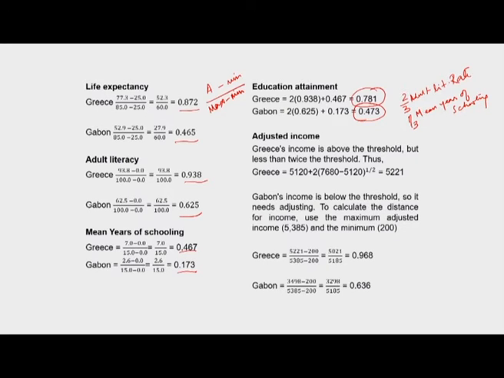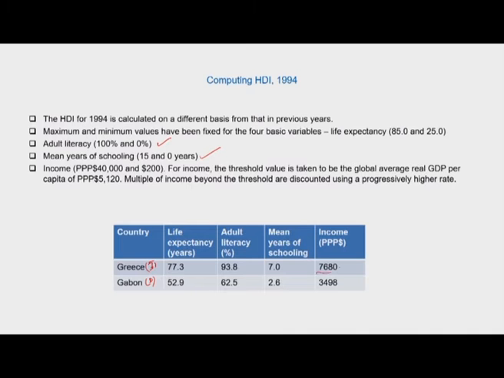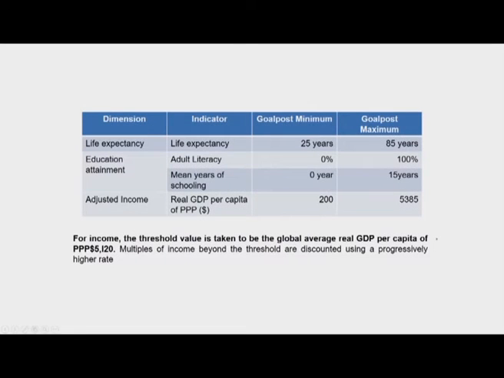The adjusted income: Greece's income is above the threshold. Greece's income is 7,680, whereas the threshold income is 5,120. This is the poverty line threshold income, and this is the maximum adjusted income.